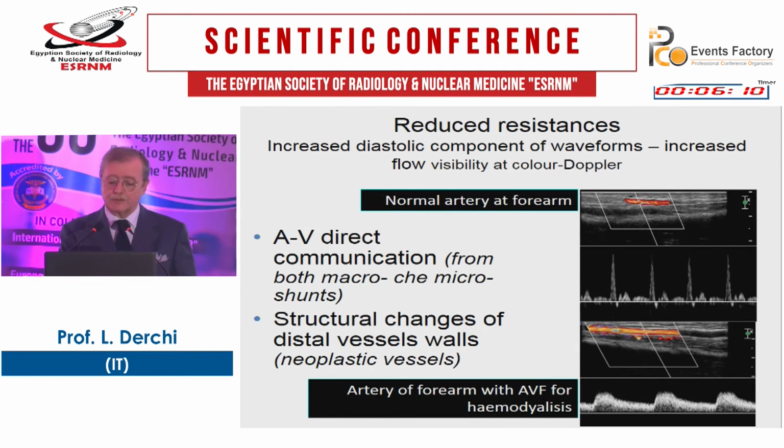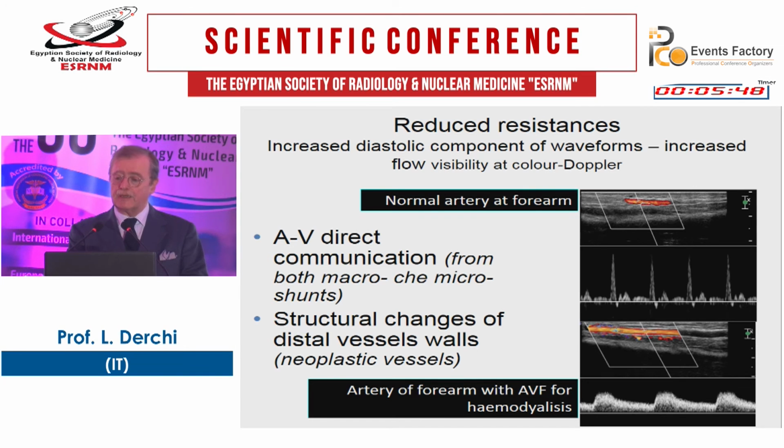Reduced resistances mean increased diastolic components of the waveform, with increased flow visibility at Colour-Doppler. You see, this is a normal artery at the left forearm of the same patient here, who has at the right forearm an AV fistula for hemodialysis.